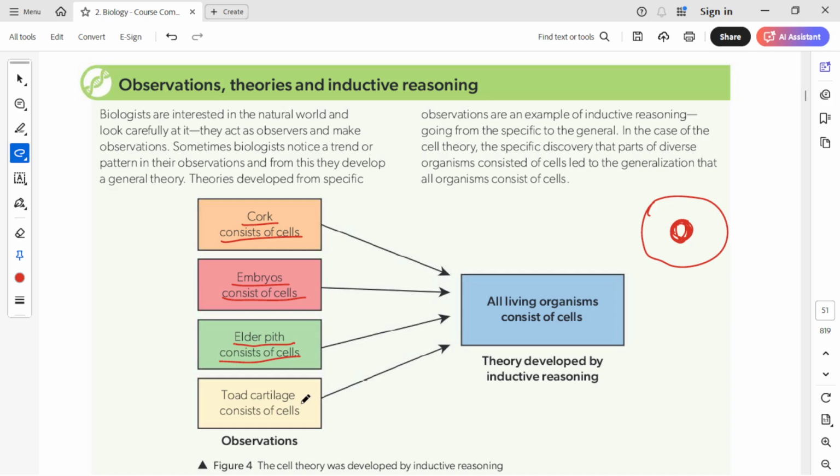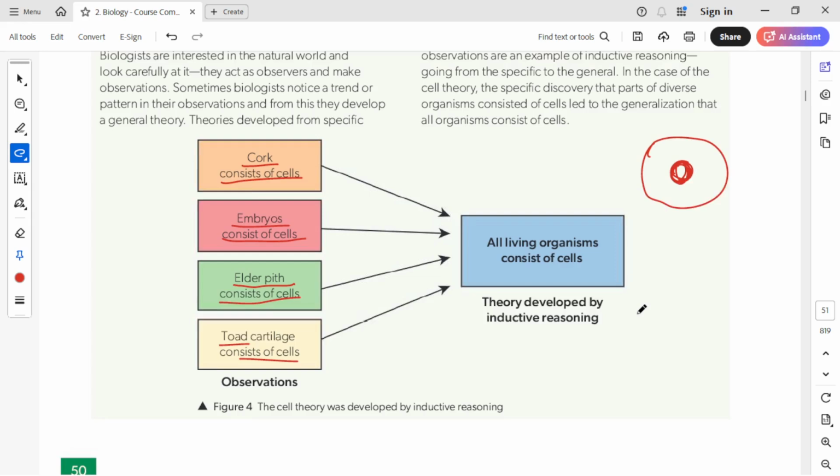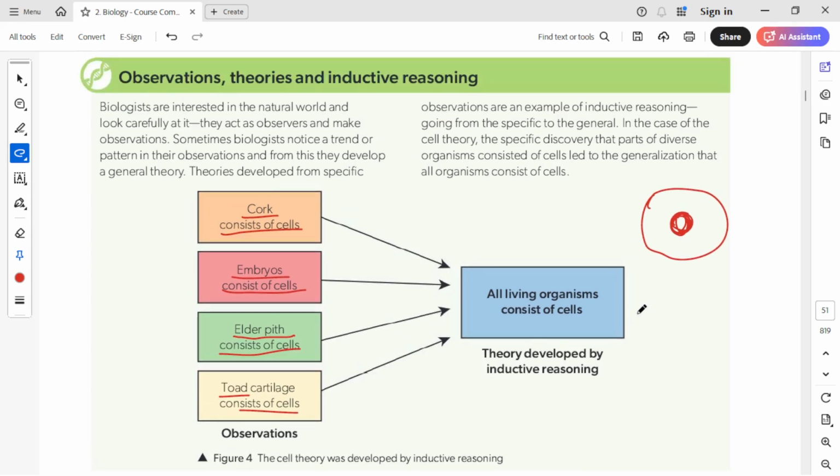Now toad cartilage. A toad is basically a small frog-like animal. Its cartilage also consists of cells. So that shows that all living organisms consist of cells, and this is a theory developed by inductive reasoning. Inductive means you can induce from your observations that this is a fact, that all organisms are made up of cells, so we can make a general statement like that.